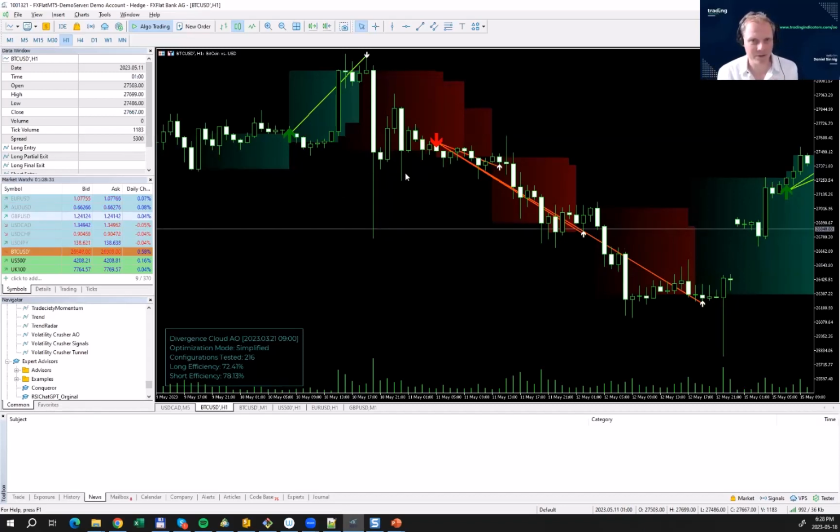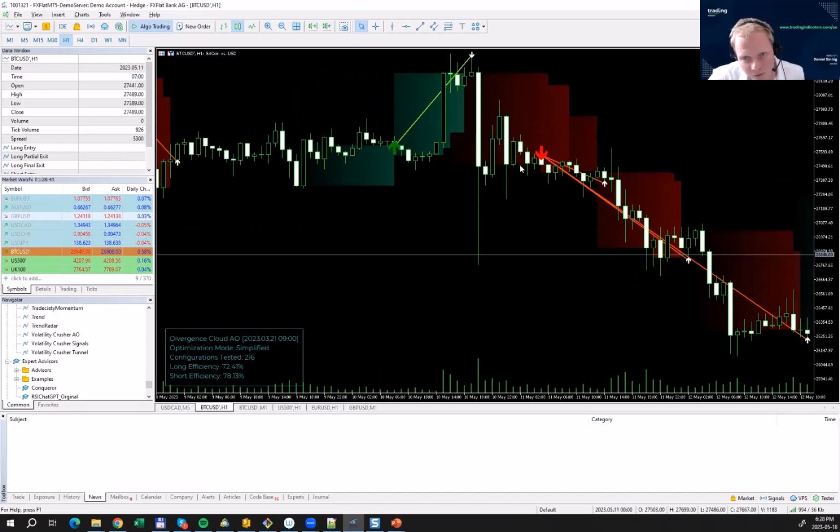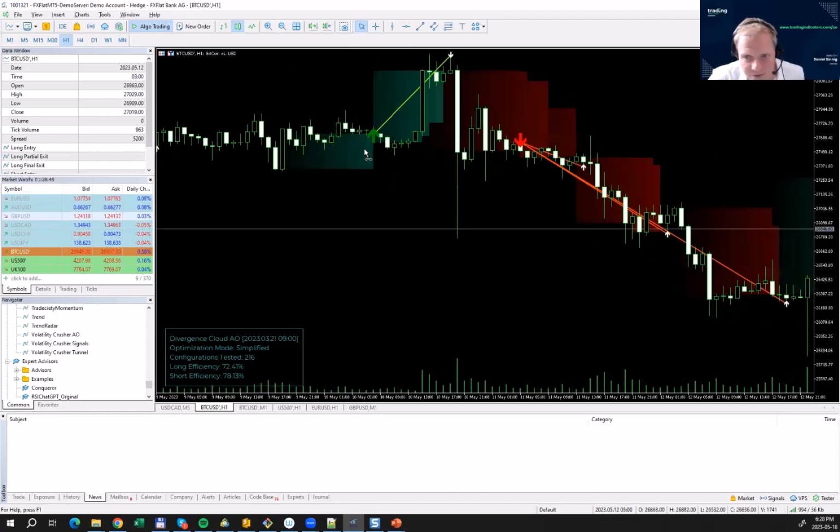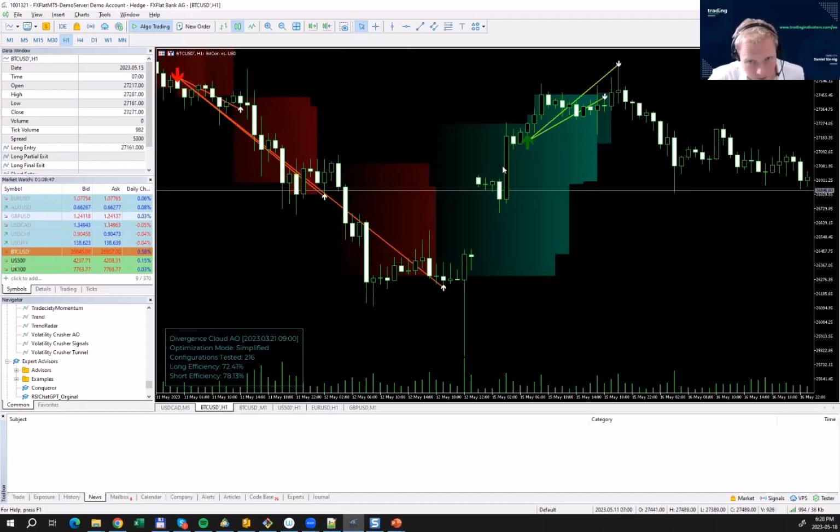If they don't agree, we call this a divergence. Oftentimes, this is a telltale sign that something is about to change. Perhaps an uptrend will come to an end and reverse to the downside, or vice versa. Perhaps a downtrend will come to an end and reverse to the upside again.